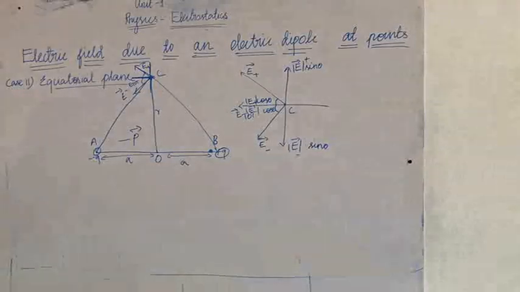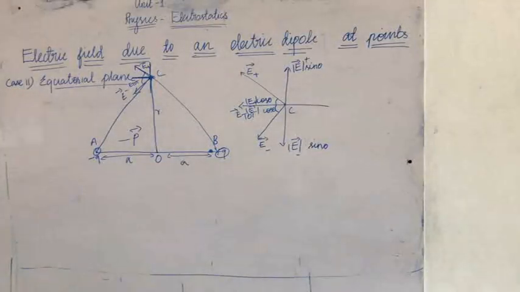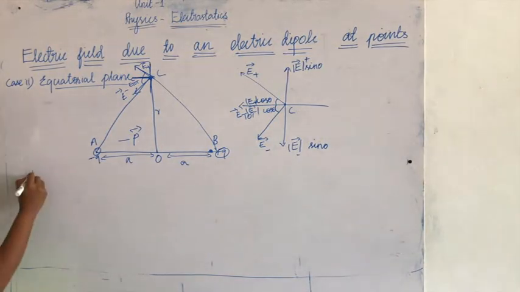Draw it. As E plus vector sin theta and E minus sin theta are equal in magnitude and opposite in direction, they cancel each other. Now we are going to find E total.